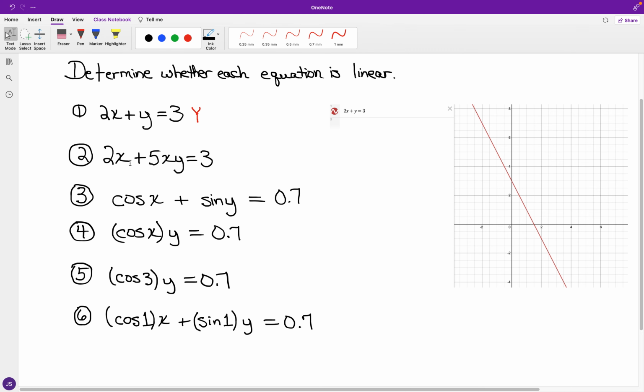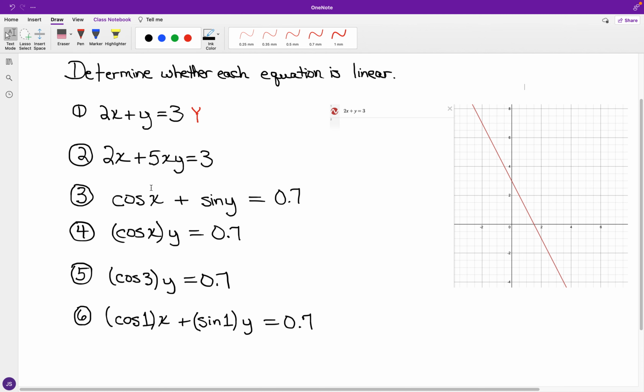Now, for 2x plus 5xy is equal to 3, notice the 2x term is going to be linear, but with 5xy, if I had 2x plus 5y is equal to 3, I would have another linear equation.